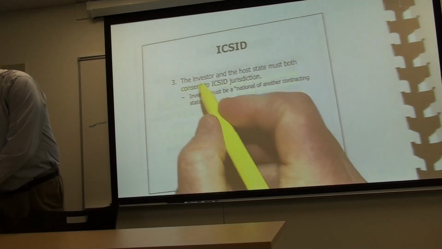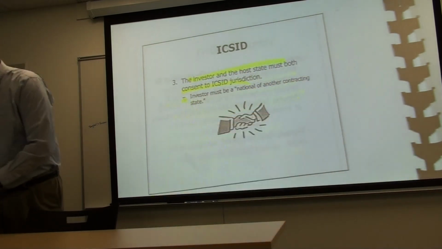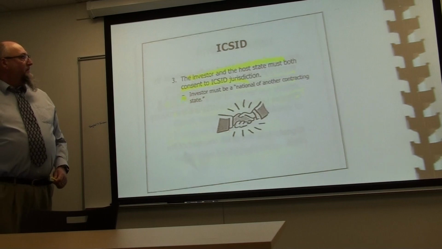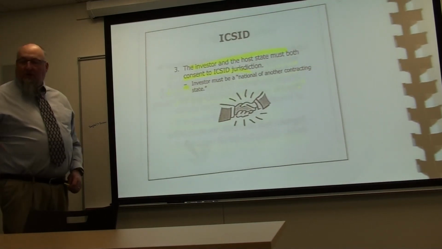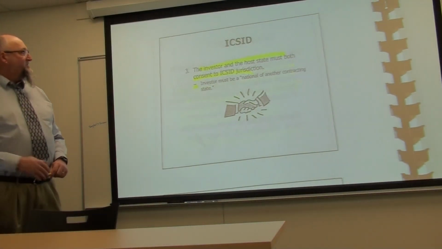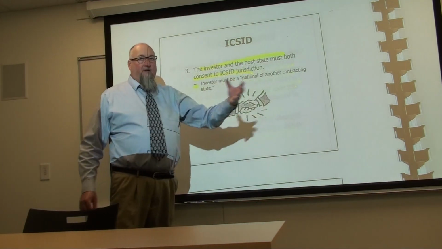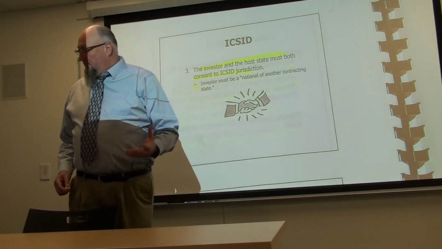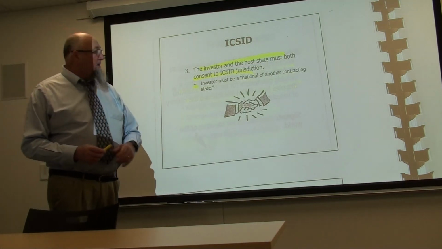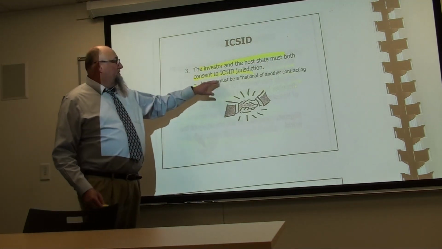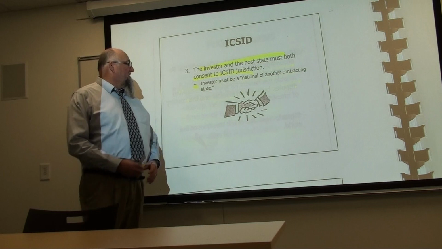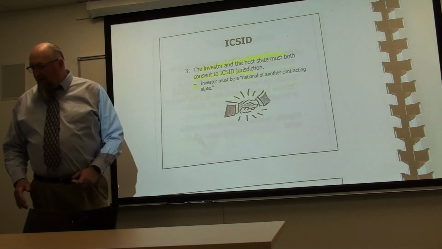So the way in order to be able to file an arbitration with ICSID, both the investment company and the host state, that is where the property is located that's been taken, must consent to the jurisdiction of the ICSID for cases of that type.